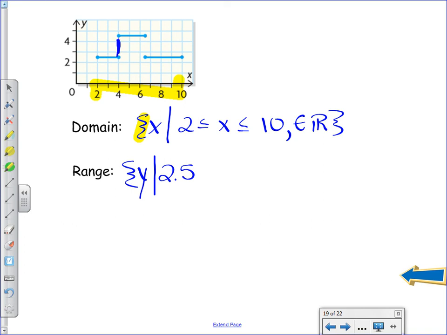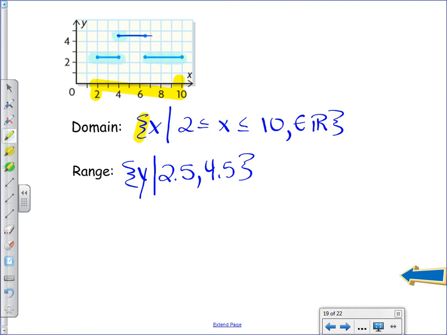So the only y values that exist are 2.5 and 4.5. I only have a y that goes here and here.